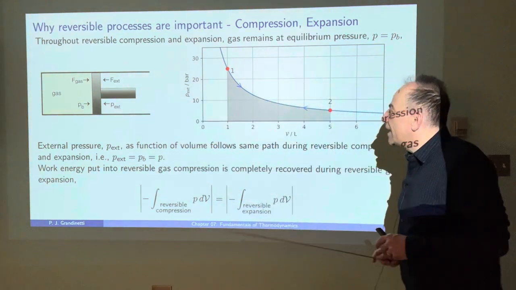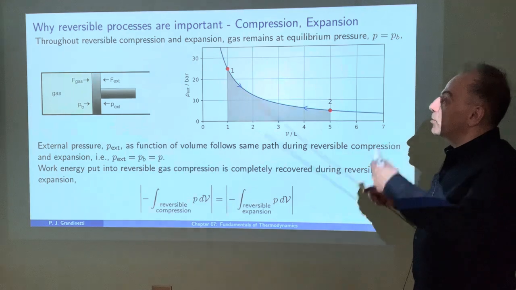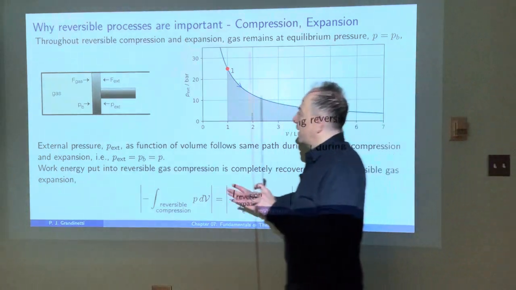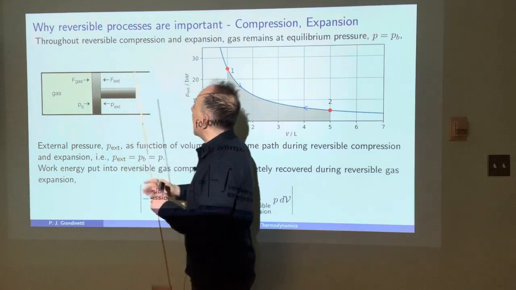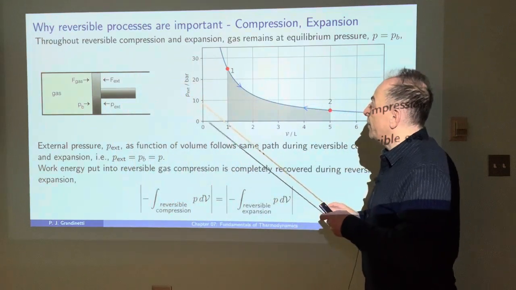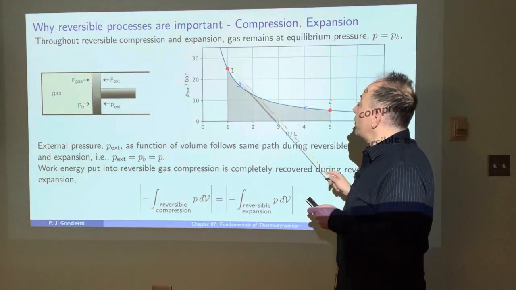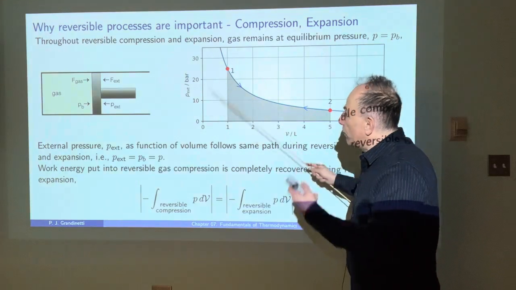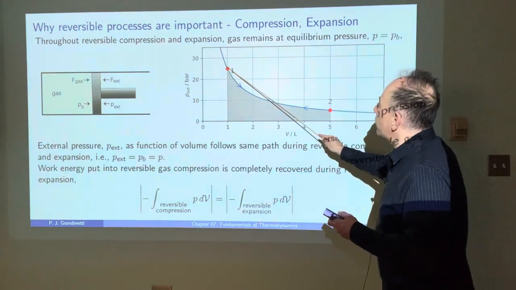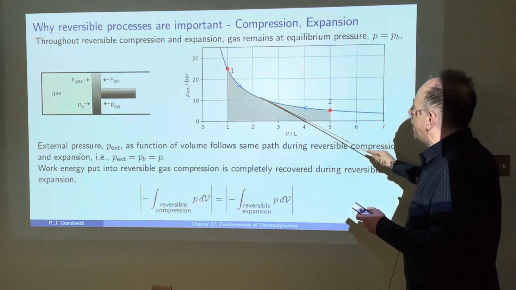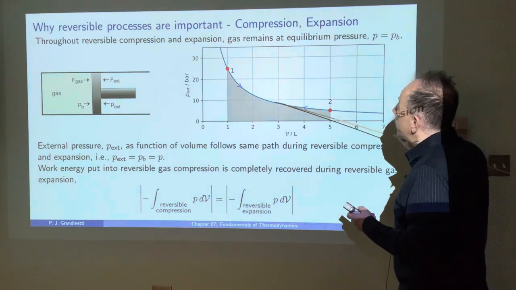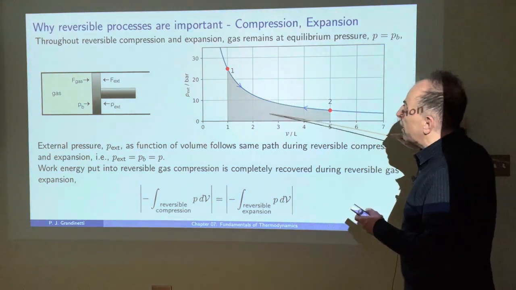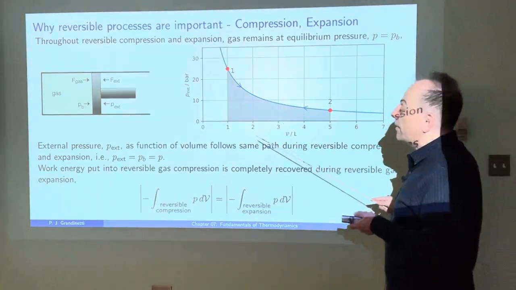Now, when I do a reversible expansion and I reduce the pressure out here and let the gas expand, then I get work out of this system, and I follow this process reversibly along a path where I go from 1 and I expand out in my volume and the pressure is going down, and the area under this line is the negative of the work that I get out of the system.